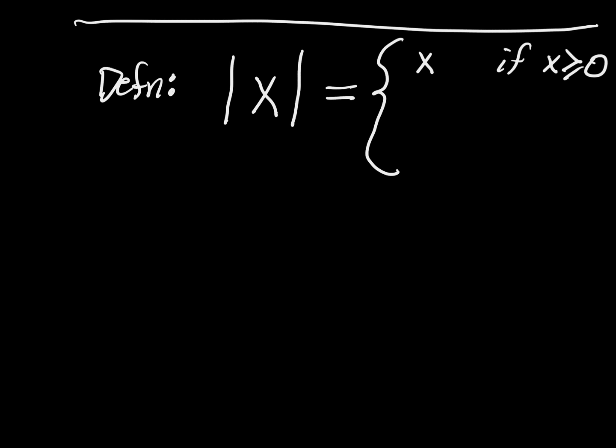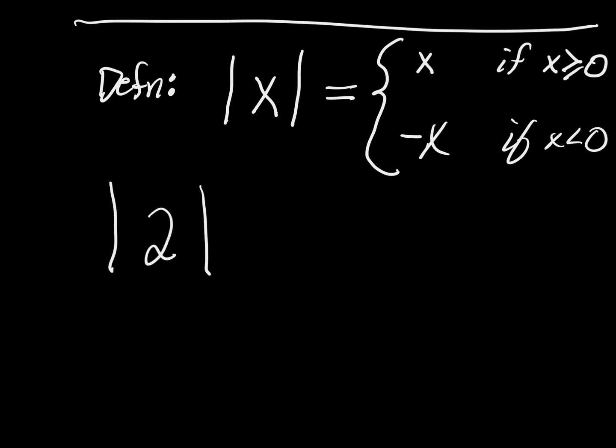If, however, I know that the quantity inside the absolute value is negative, then I rewrite it as the opposite of that quantity if the quantity is negative. Now, that may seem a little bit strange, but I want to show you how it works. Suppose I said the absolute value of 2.